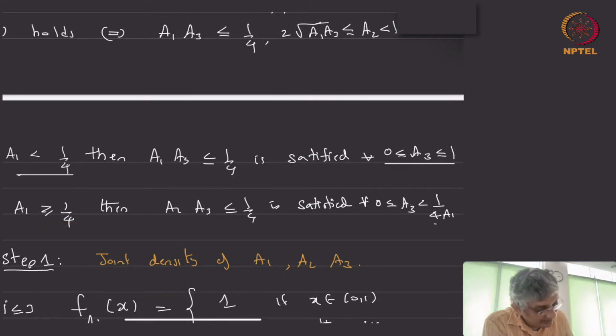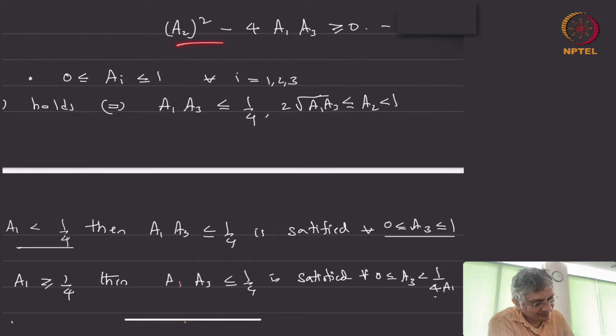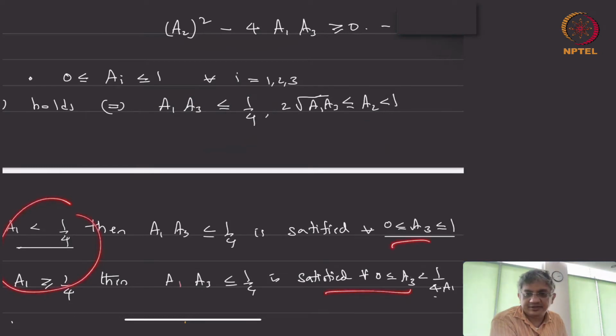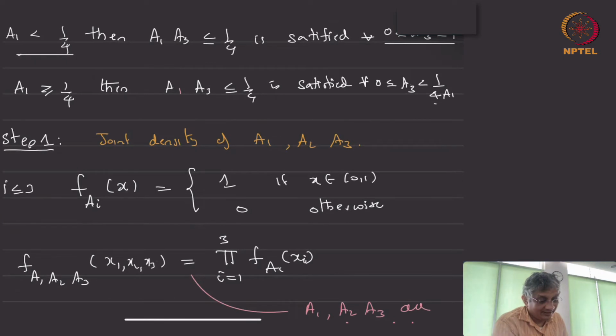This A1 A3 is less than a quarter only when A3 is between 0 and 1 over 4A1. That was not satisfied. So now you have classified all the cases of how 1 will occur. You start from here, then you split this up in two cases, and in each case you split up separately for A3. Right?